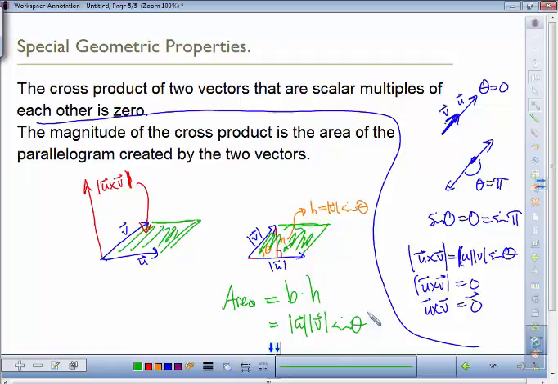That's exactly the geometric definition of the magnitude of the cross product. That's by definition, the magnitude of the cross product is equal to that. So that's another way to show that the area of the parallelogram is, in fact, the magnitude of the cross product. Okay? Any questions?